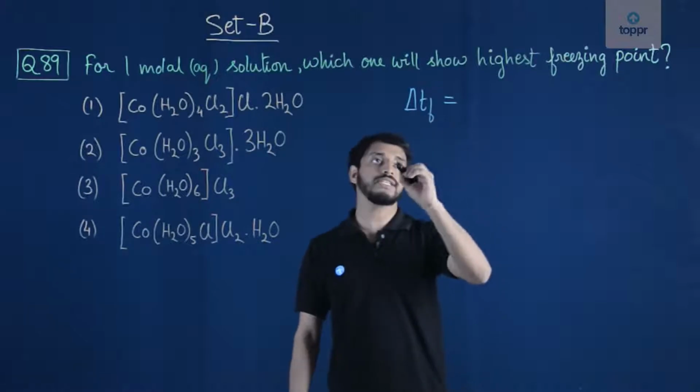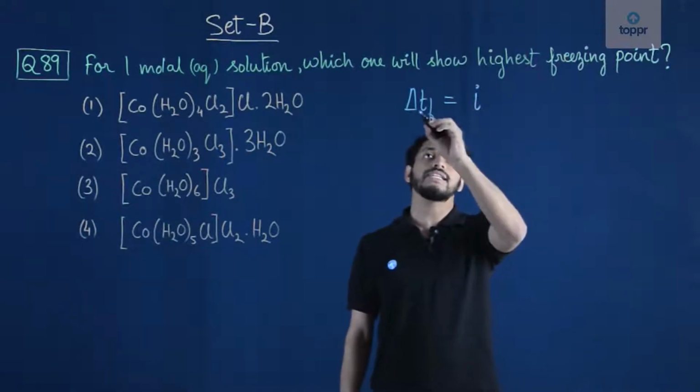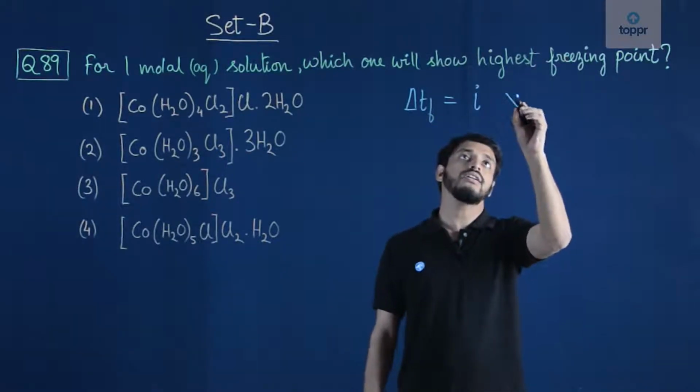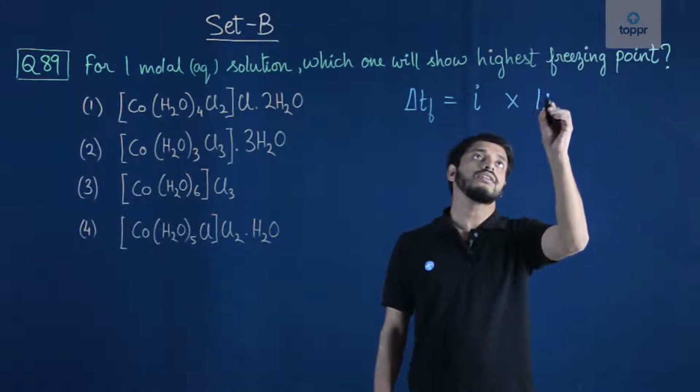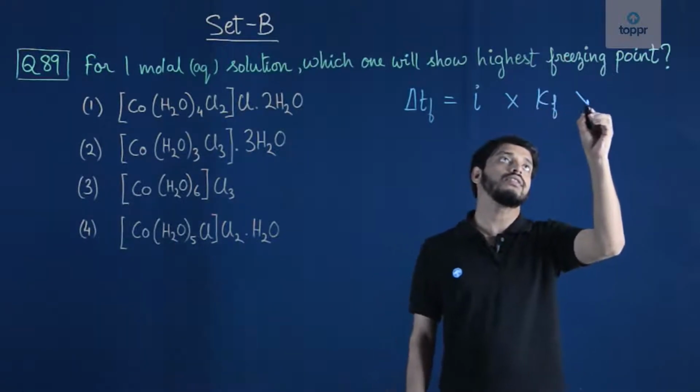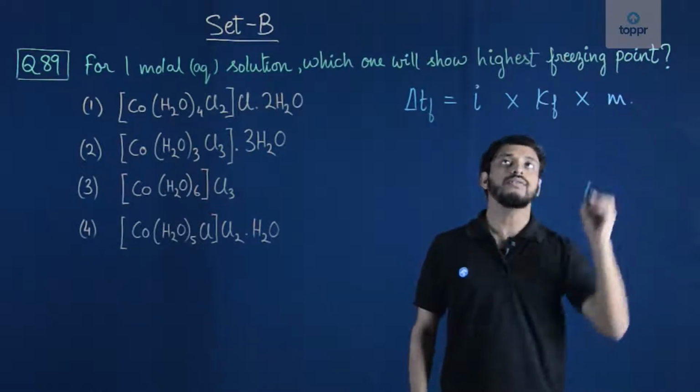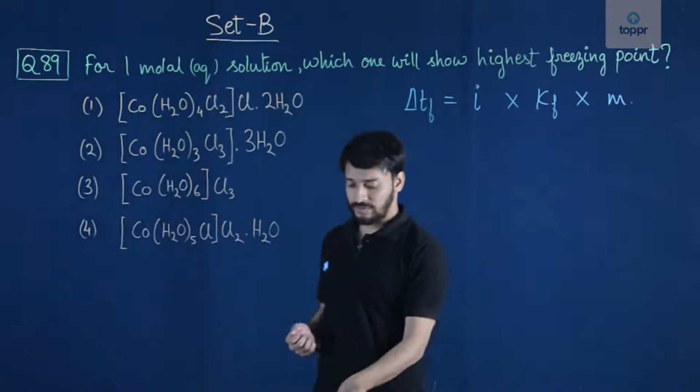So the formula is represented as delta Tf equals i Kf m, right? So what are these factors? We can just write it down.